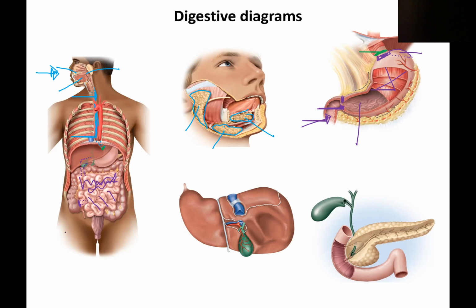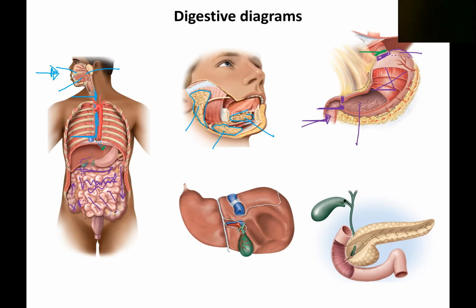Then you have these segments of the colon. You have the cecum. You have the ascending colon. It goes across as the transverse colon. It comes down as the descending colon.